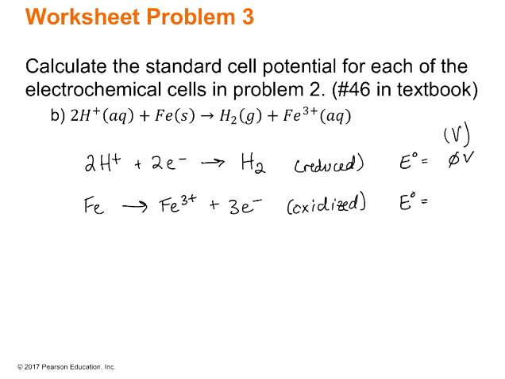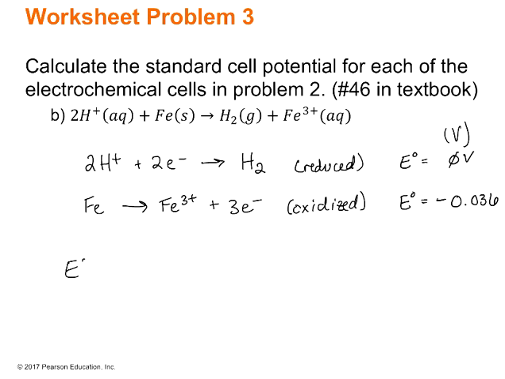So make sure you're looking up the correct value and the correct half reaction. So for this particular half reaction, where iron becomes iron 3+, the value is negative 0.036 volts. So that should be just right below the hydrogen reaction on the table 19.1.